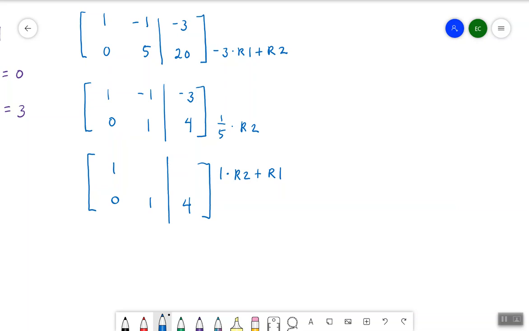And so when you add the 2 rows together, you get 0, you get 1, and then 0, and then 1. And so here is our diagonal form, and we can write the answer: x equals 1, y equals 4. And we're done.